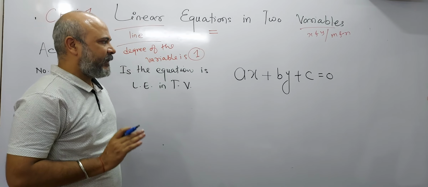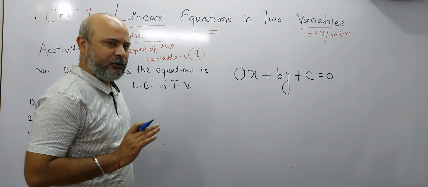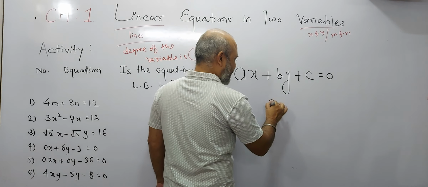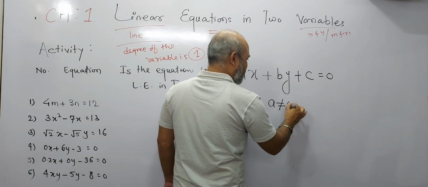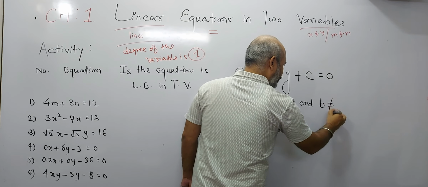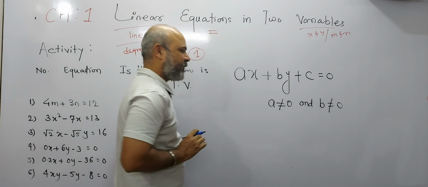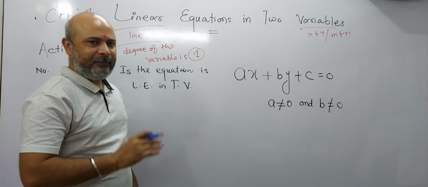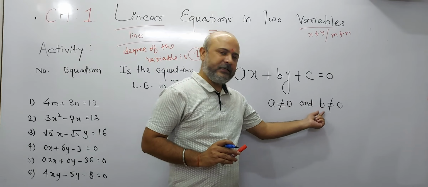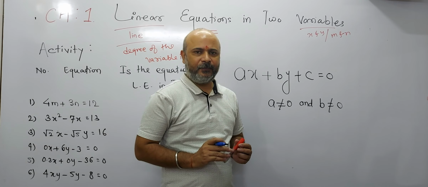So this is linear equation in two variables. The condition provided is that a is not equal to 0 and b is not equal to 0 simultaneously. Means at the same time the value of a and the value of b is not equal to 0.